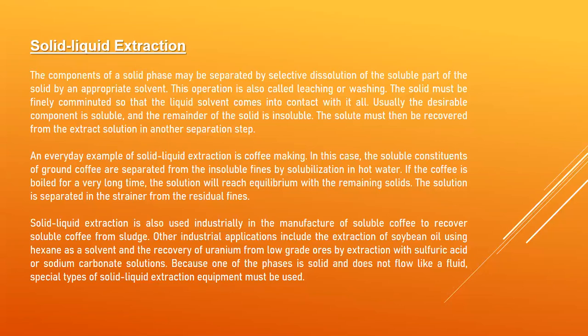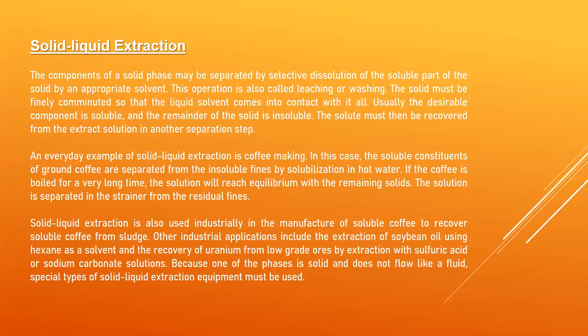If the coffee is boiled for a very long time, the solution will reach equilibrium with the remaining solids. This is the time when we say that your coffee beans are spent beans. No matter how long you prolong the boiling of such beans, you will not be able to extract any more flavor. The solution is separated in the strainer from the residual fines.